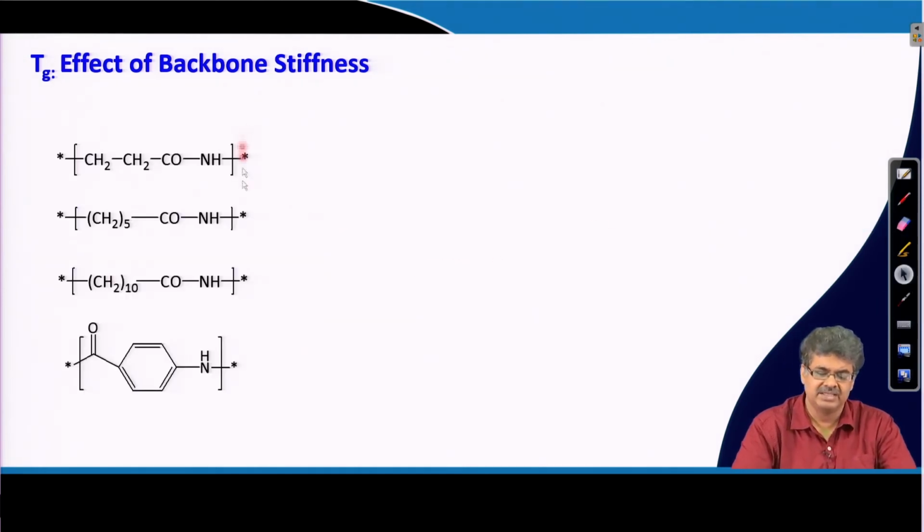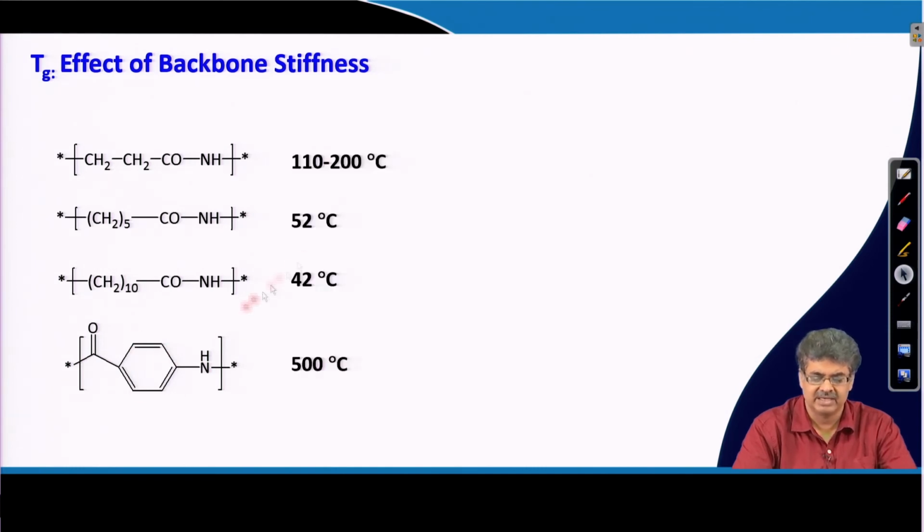If you compare the Tg of these four, as you can see, if you increase these CH2 groups, then the flexibility will be higher. When we have this aromatic group, flexibility is lower, stiffness will be higher. As you can see, this Tg value comes down, but because of the aromatic groups in the backbone, the Tg is drastically higher.